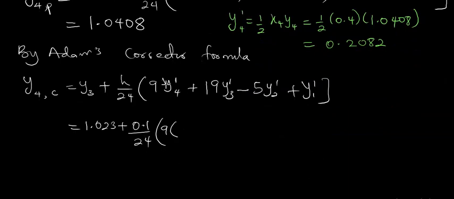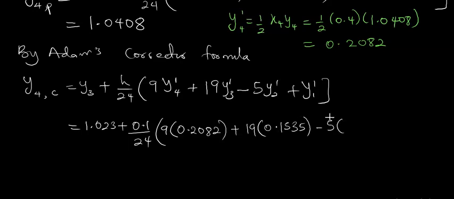So now this has already been gotten, we can simply supply that into the scheme, plus 19 times, we already have this as well, which is 0.1535, minus 5 times, we also have this one, 0.1022, plus the last y, which is 0.0505.